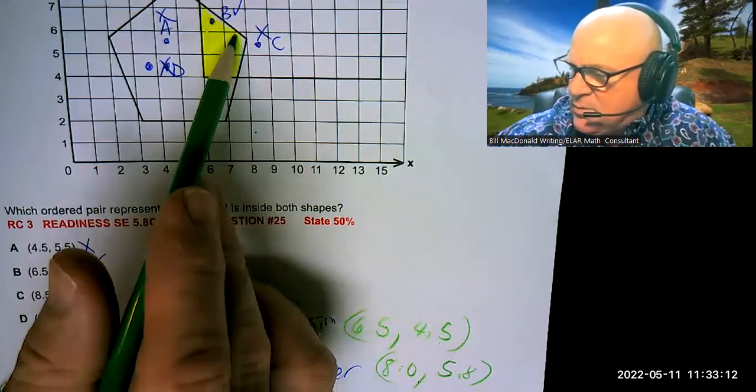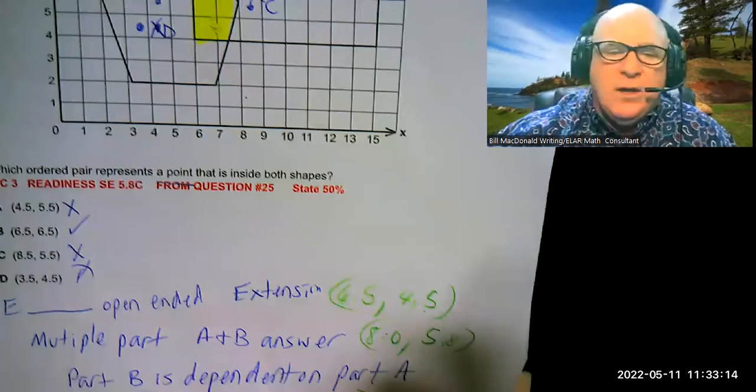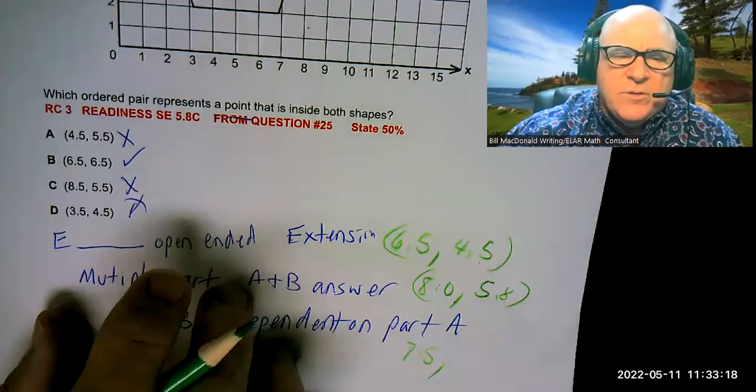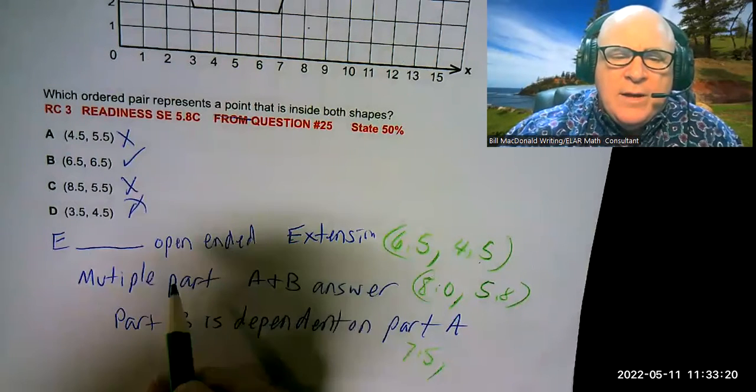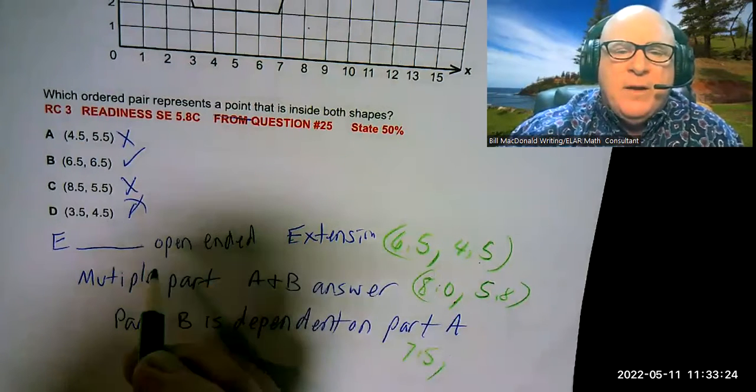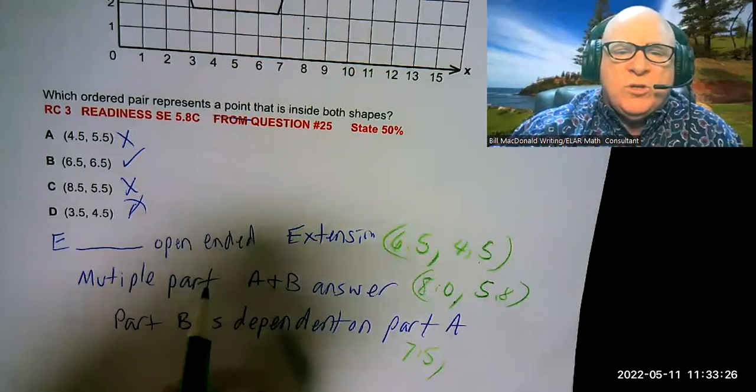And so you could pick any of those ranges. And again, on multi-part answers, your answer to part B is going to be dependent on what you choose for part A.